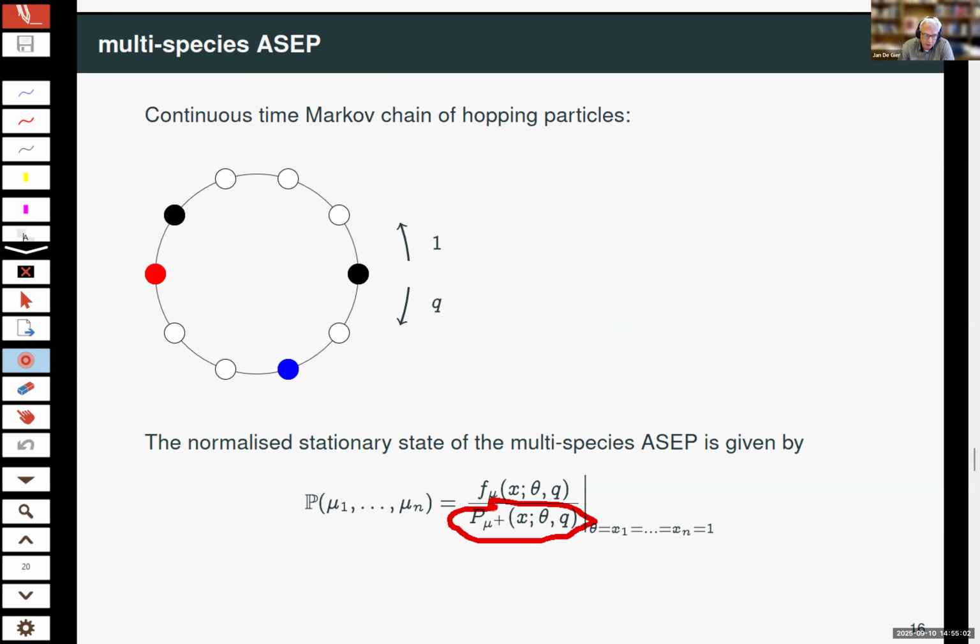The denominator appears such that if I sum over all configurations mu, this sums up to 1. So I need to take these polynomials and then set theta and all the x's equal to 1 to get my probabilities. So that's a little application of this construction.